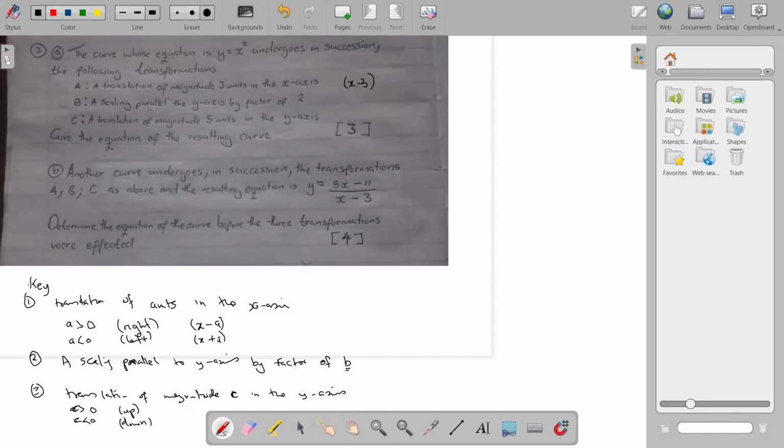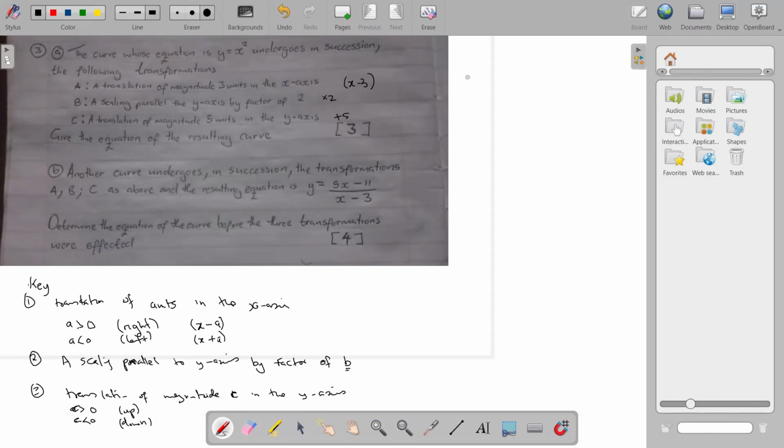Then the scaling parallel to the y-axis by scale factor 2, it means we now have to multiply everything that we will be having by 2. Then the last part is a translation of magnitude 5 units in the y-axis. It means we have to add 5. Here we said we multiply 2 to everything, then here we add 5 to everything. You have to take note that the sequence of these transformations must be followed.